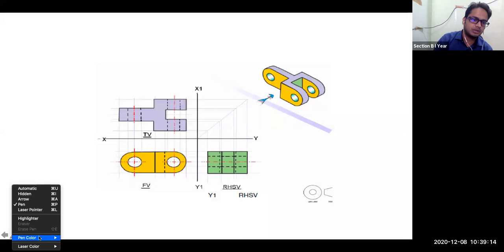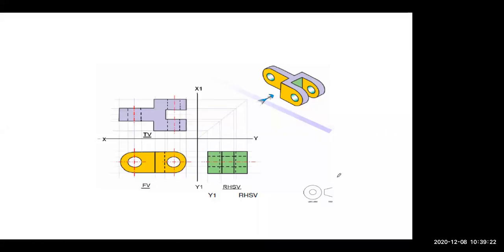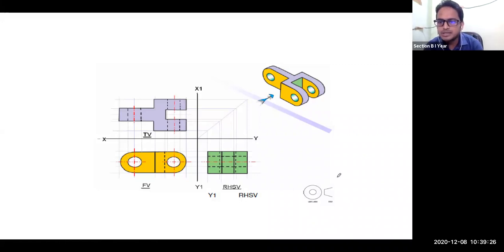Let me change the color of the pen. I have just seen some students have written some messages. 1017 is asking, sir, in the RHS we also have a semicircle, in the previous one.